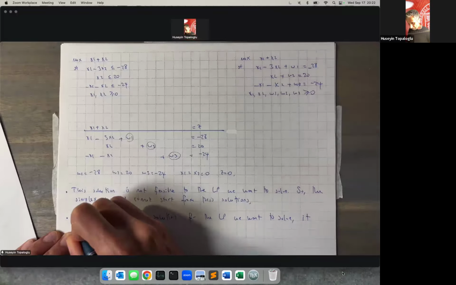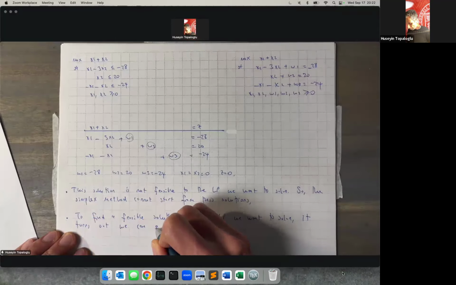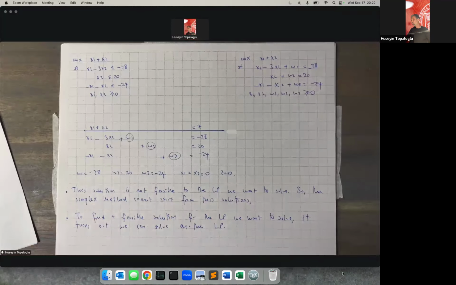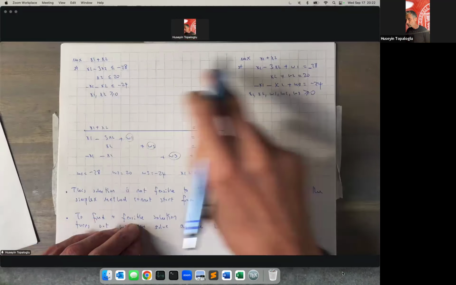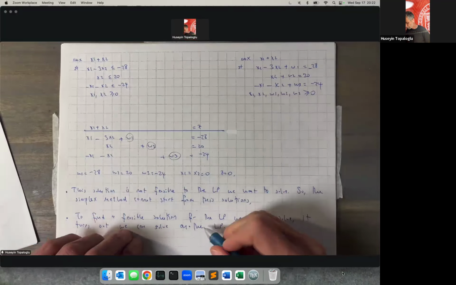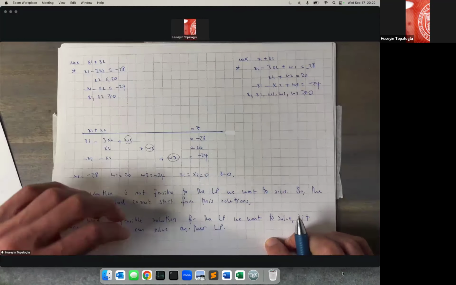It turns out we can solve another linear program. And what did that linear program look like? Let's remind ourselves what that linear program looked like.